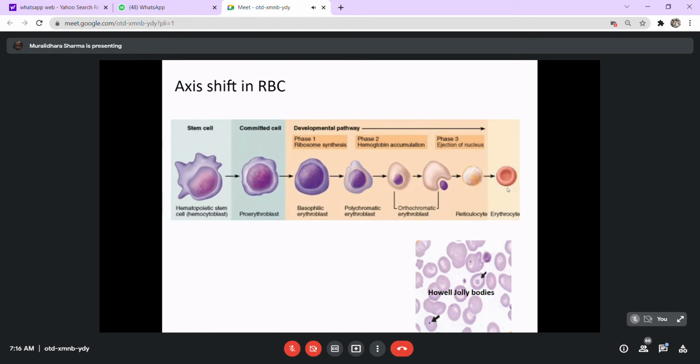Whereas if the RBCs are not destroyed and hypermature RBCs remain in the circulation, then their shape will be altered. They will have a central pale area, and instead of circular, their shape will be irregular. The older RBCs are also called Howell-Jolly bodies. You will have a condensation of the material in the center.